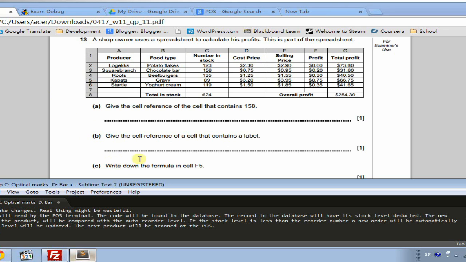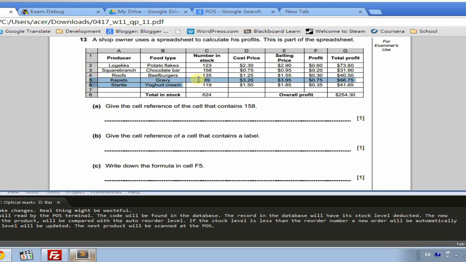Okay. Write down the formula in cell F5. Okay, let's see. Let's find it. F5. Okay, profit. So we have to work out the profit that's going to go in here. So we're going to take the selling price and we're going to deduct the cost price.